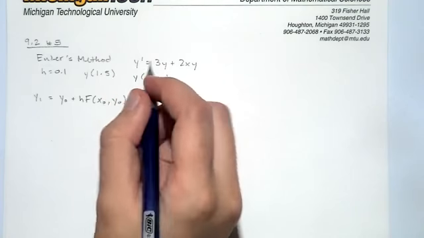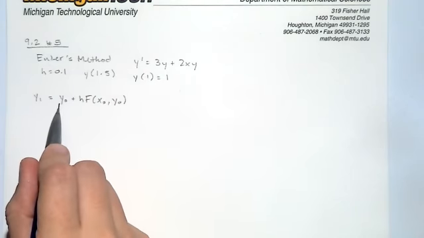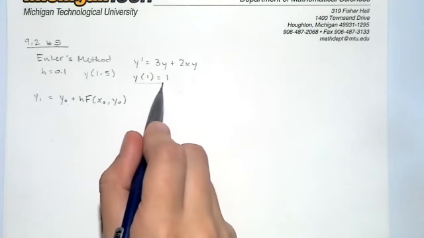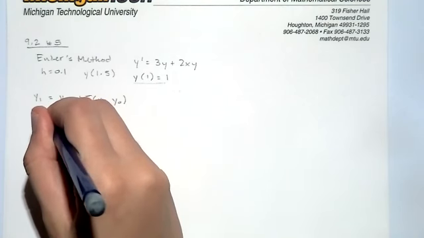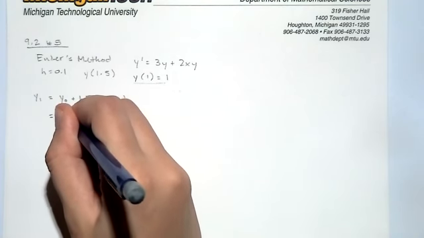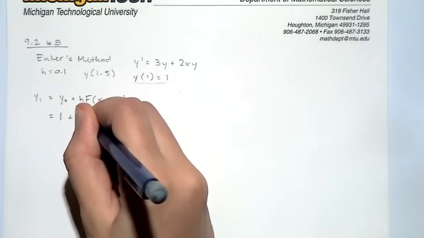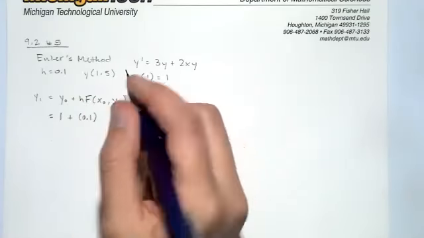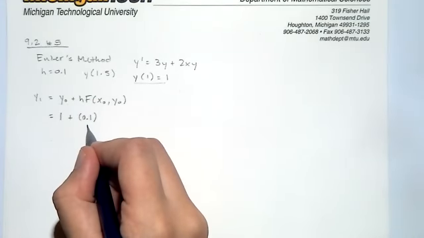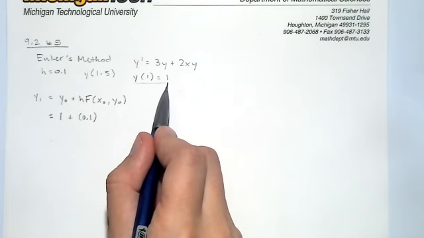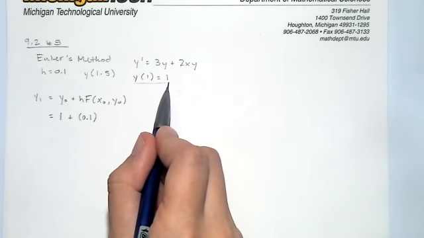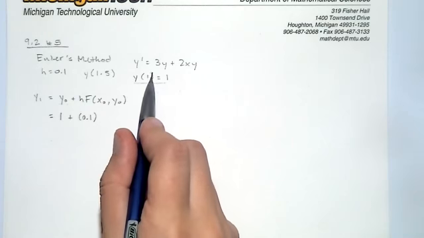Sweet. So we already know what our initial y value is, and it was given right here. Y of 1 is equal to 1. So we can say that y sub 1 is equal to 1 plus 0.1, which is going to be our step size h. Then we want to plug this initial point 1, comma 1, into our y prime.